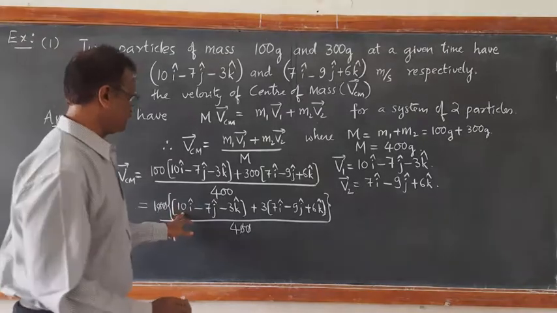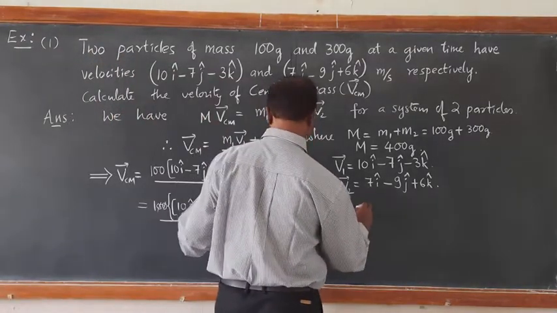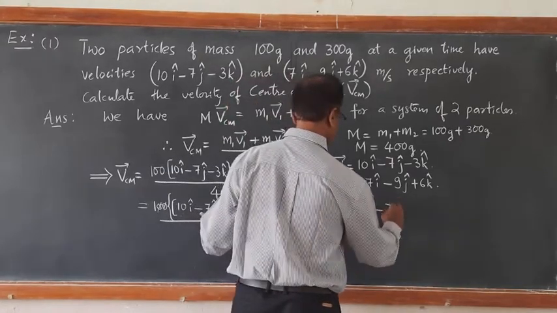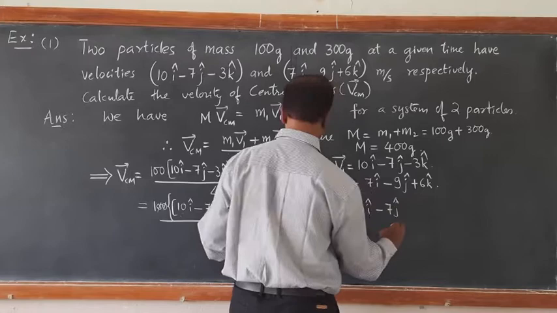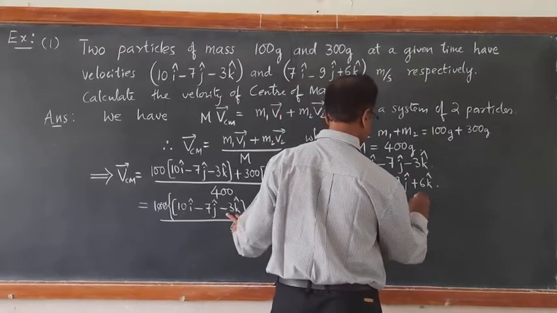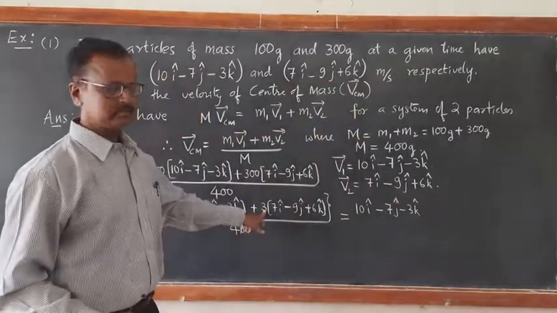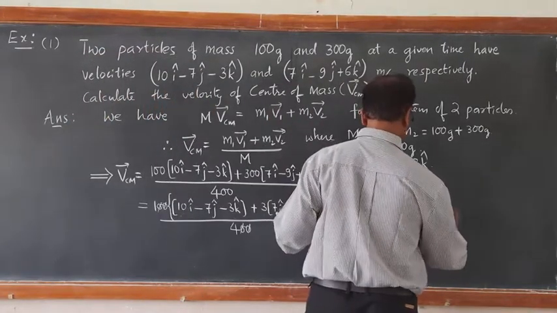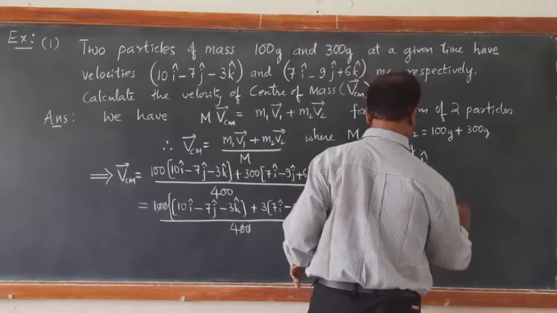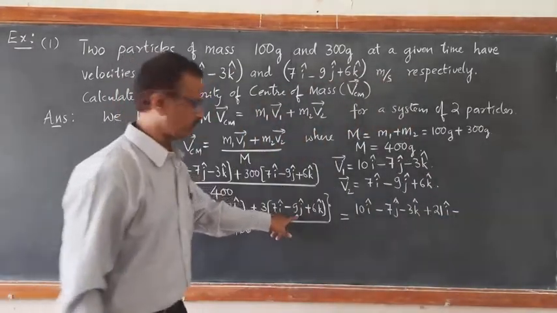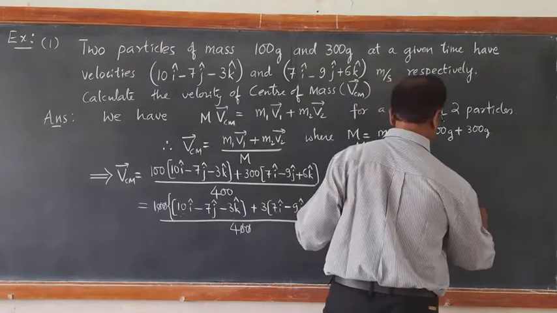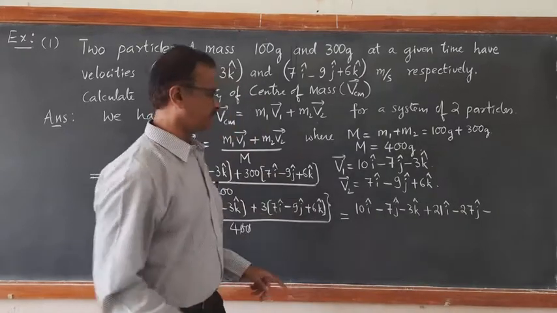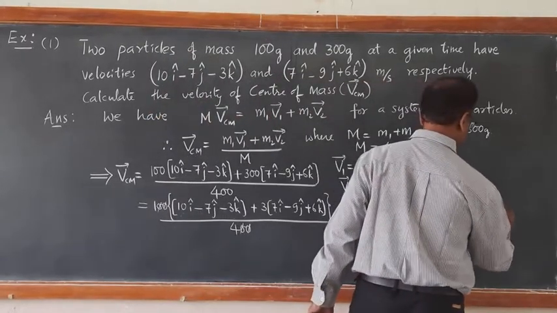If you just simplify, this becomes 10 i cap minus 7 j cap minus 3 k cap plus 3 7s are 21, plus 21 i cap, minus 3 9s are 27, 27 j cap, 3 6s are 18, plus 18 k cap.